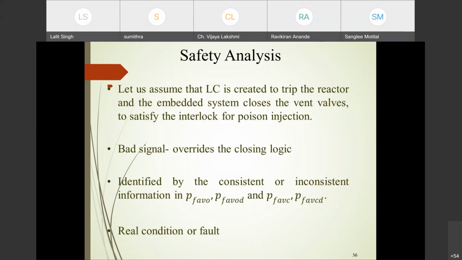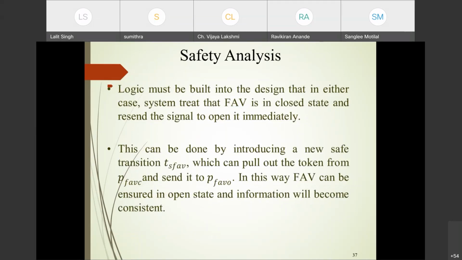So suppose, as a system, it may be a real condition or a fault, I don't know. But for my robust design to tackle these kinds of scenarios, I should build a logic into the design so that in either case the system treats the fast acting valve as being in the closed state and resends the signal to open it immediately.